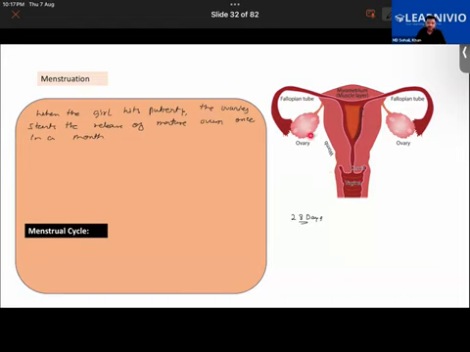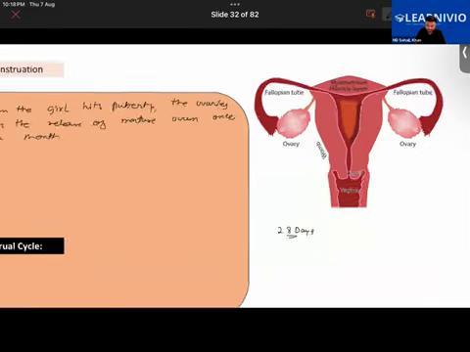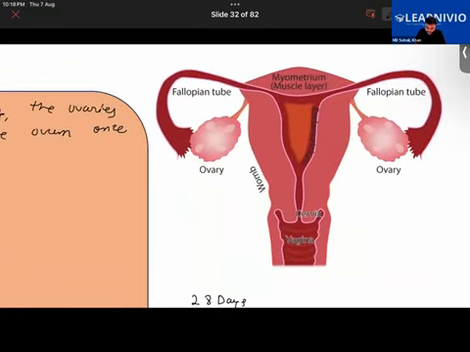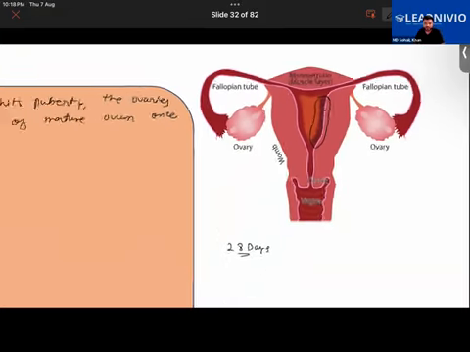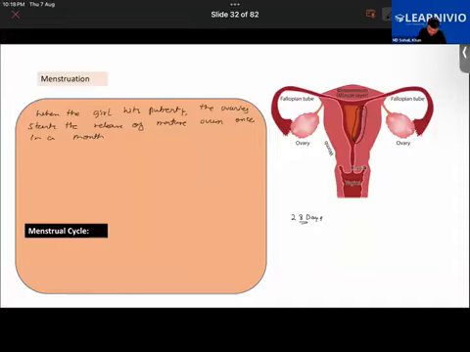It's going to prepare the female body for pregnancy, where the lining of the uterus, called the endometrium, by the way, thickens. So what next happens?